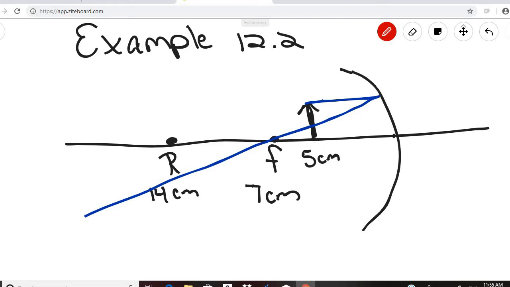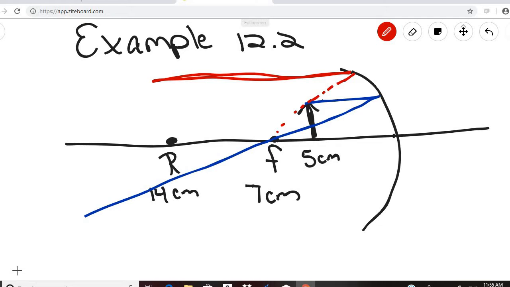Obviously, since our object is in front of the focal point, the beam of light can't go through the focal point on the way to hitting the mirror, so we have to extrapolate it out. If that beam of light were going through the focal point before it hits the mirror, it would go like this, and then it's going to reflect out horizontally. So it goes in through the focal point, reflects out horizontally.